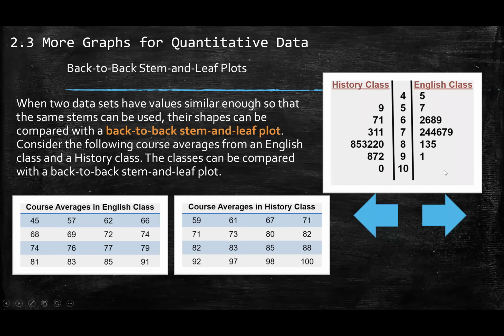That's the tedious part on Connect Math for the back-to-back stem and leaf plot. You put your stem in the middle and your leaves on both sides, from smallest in the center to largest on the outside on the left-hand side, and vice versa on the right-hand side. So basically you go outward, okay?